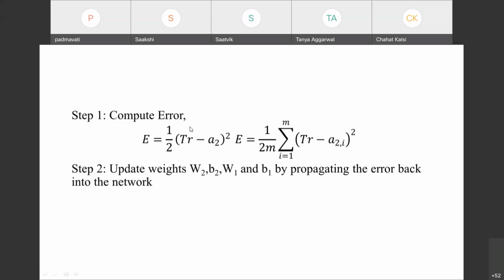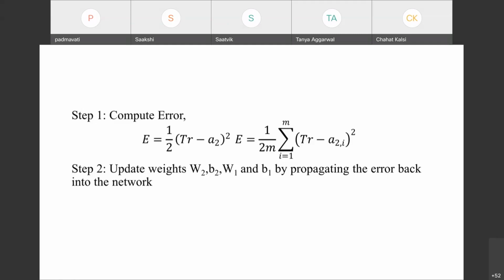First I will compute the error. Suppose the error rate is high, as I explained in the training phase. If that error rate is higher than the desired result, then I will be updating the weights W2, B2, W1 and B1. Why have I taken only these four? Because in yesterday's class also we saw two different neurons, right? One at the hidden layer, one at the output layer.